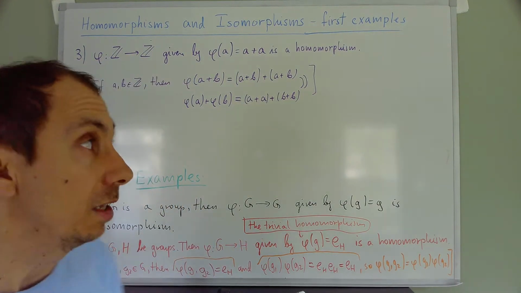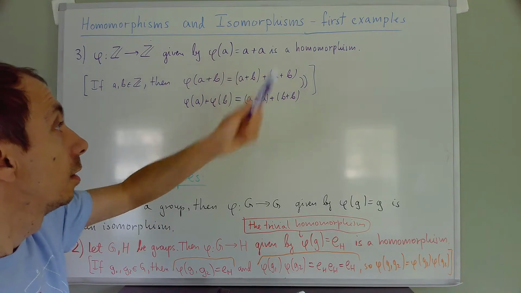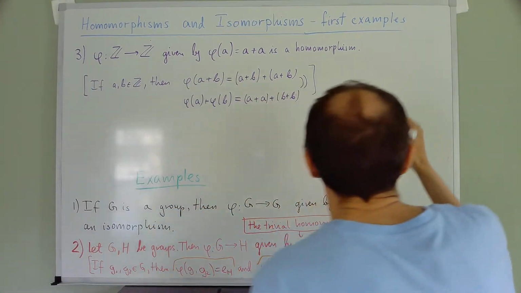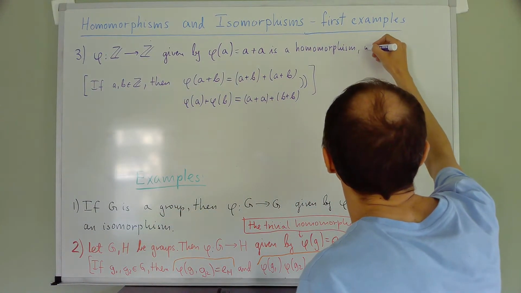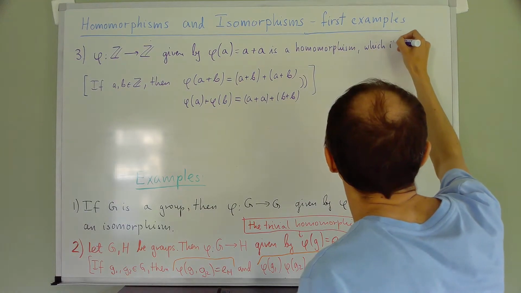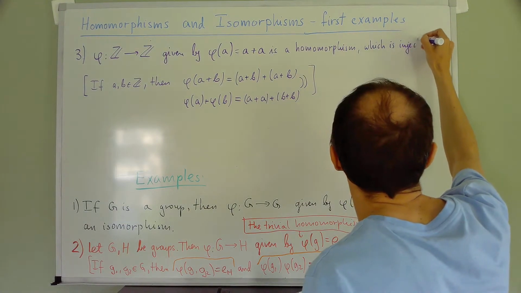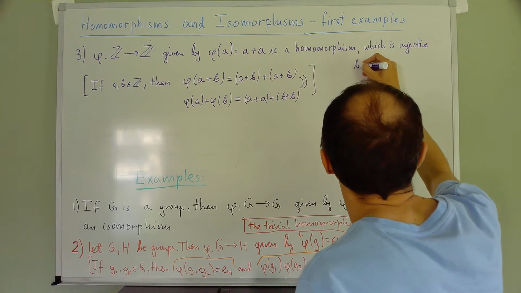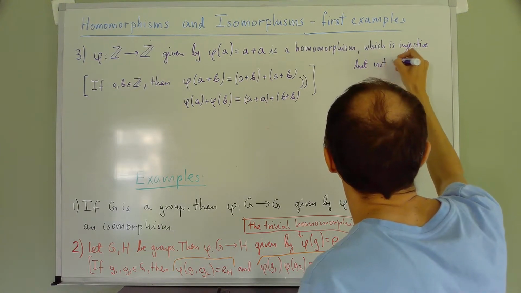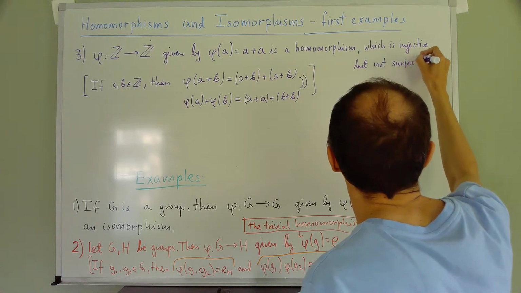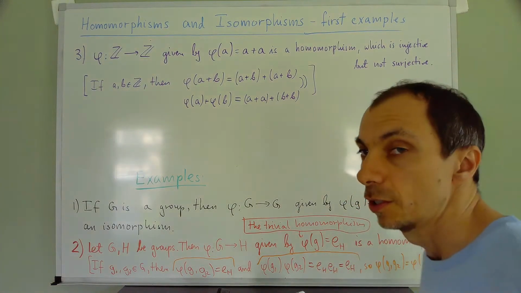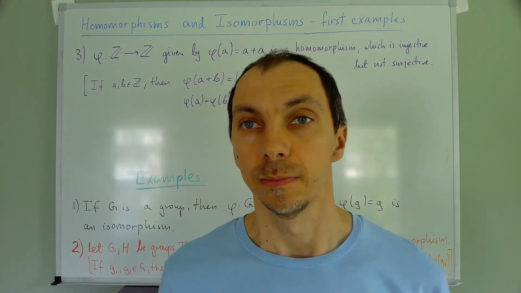So you can never get an odd integer this way. So phi is a homomorphism which is injective but not surjective. So it is not an isomorphism.